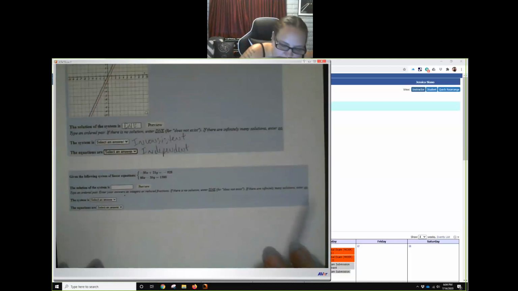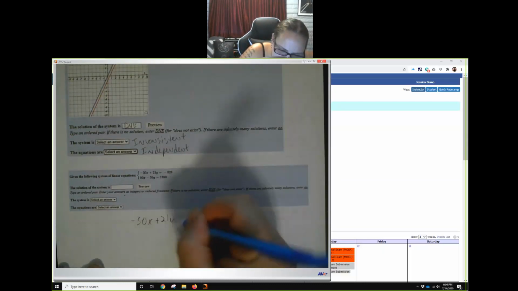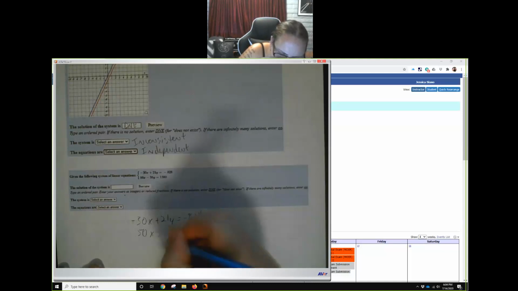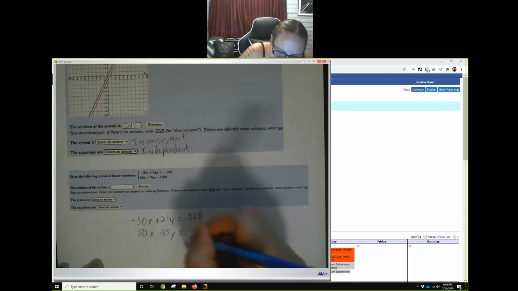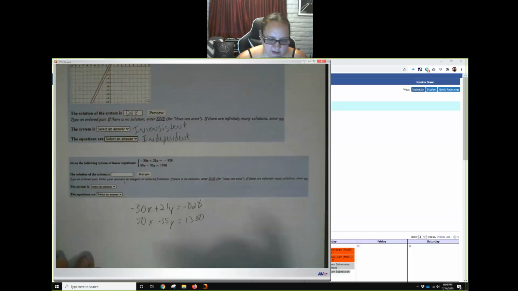All right. So if we have a system and we want to solve it, this is set up pretty well for elimination. Here, I guess between 30 and 50, we could either do 30 and 50 or 21 and 35. Let's do 30 and 50. I feel like that's easier.